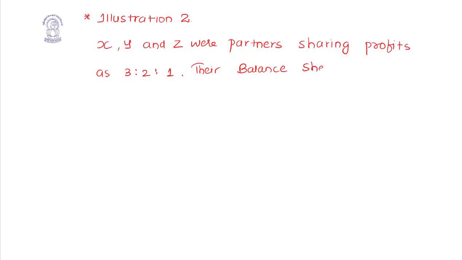Their balance sheet on 31st March stood as follows.